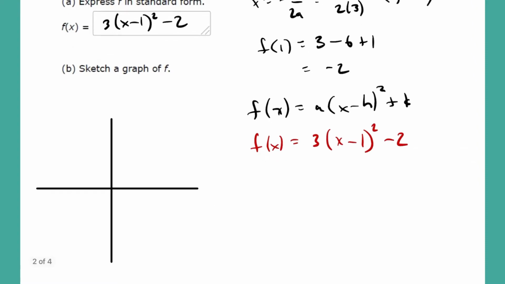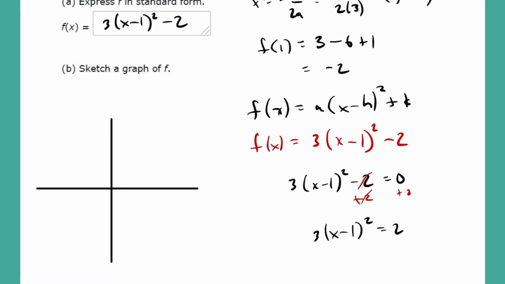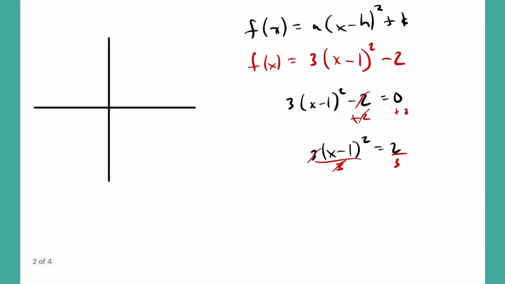All right, well, we do have to find the intercepts again. So if you set this equal to 0, that's how we can find the x-intercepts. So add 2. Divide by 3. Take the square root of both sides.